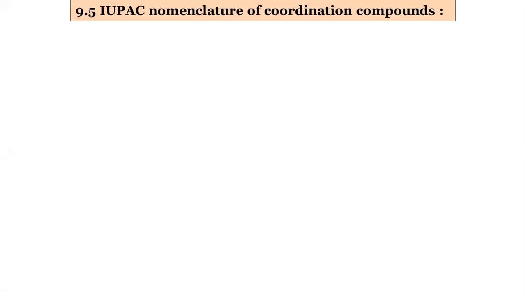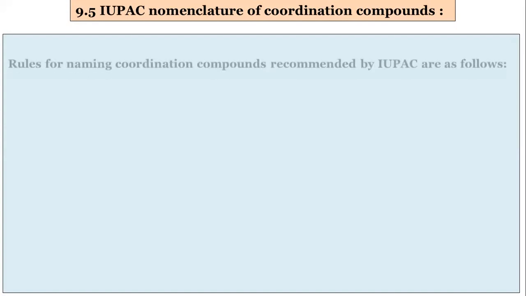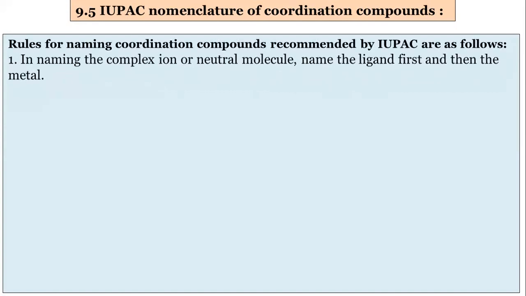In this, there are a central metal atom and ligands. I will do a quick revision one by one. First, in the complex, we have to give the name of the ligand first and then the name of the metal ion.